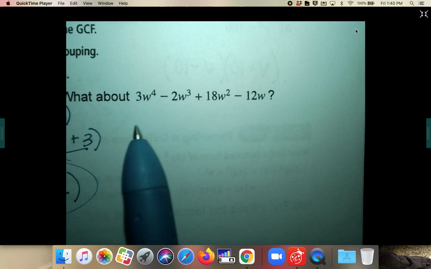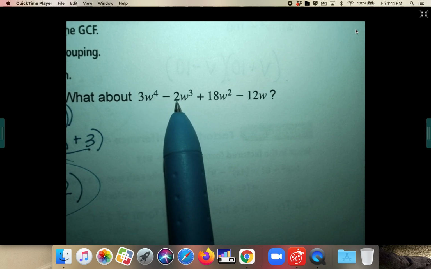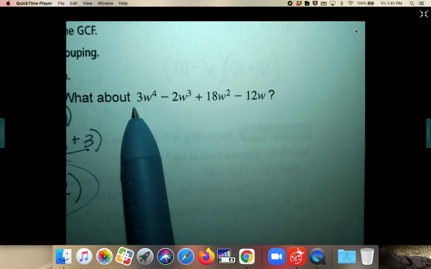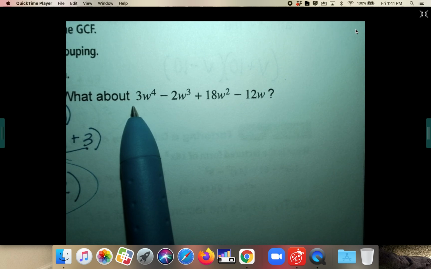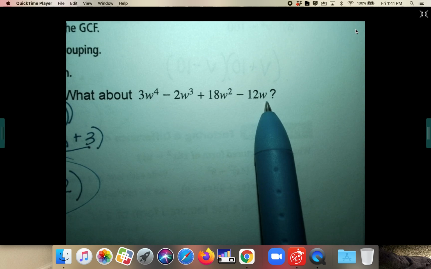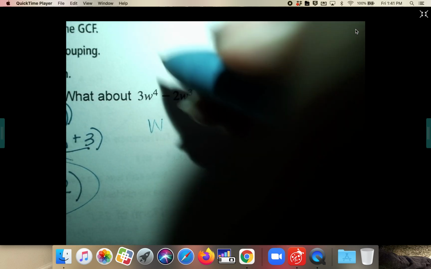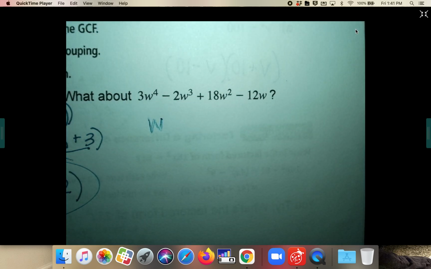But this one, you can't divide by 3 because 2 doesn't divide by 3. And you can't divide by 2 because 3 doesn't divide by 2. So the best we can do is factor out a W. So actually, this is still good practice on this one. So we're going to factor out a W. Oops, my pen is running out. I'm going to switch to pink.